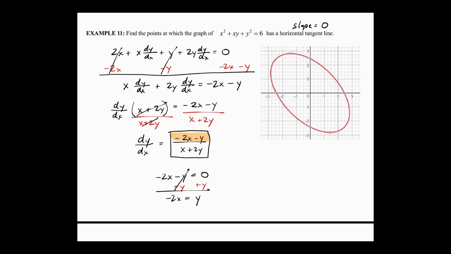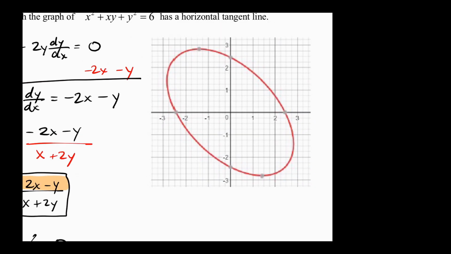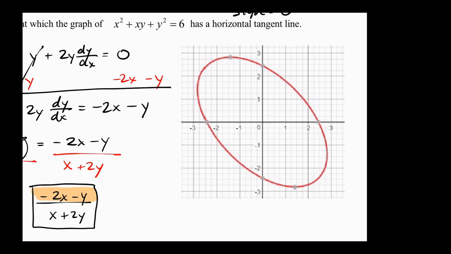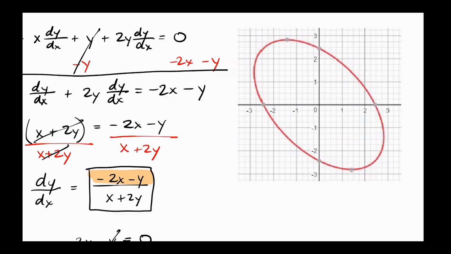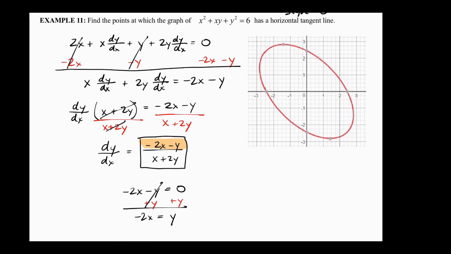Let's see, where is this one? Okay, so find the points at which. Since they don't give us an x and a y there, what we're going to say is this relationship here.